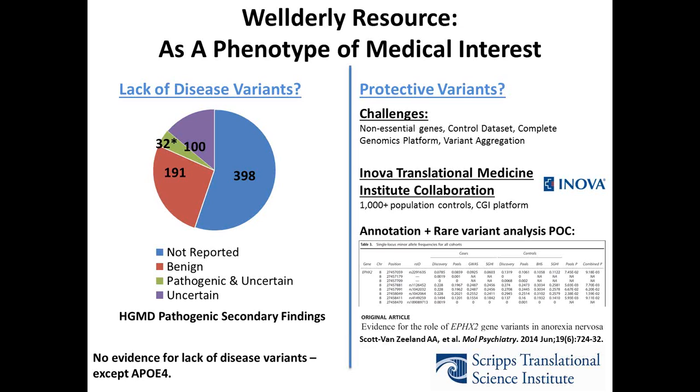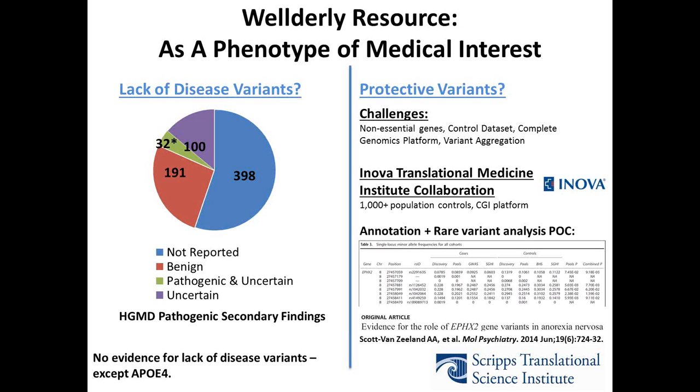There's a pretty strong decrease in the ApoE4 allele frequency in the Wellderly versus the 23andMe cohort. So they do have a decrease in this very strong risk factor for Alzheimer's disease. And so it doesn't appear that there's a lack of disease-positive variants.